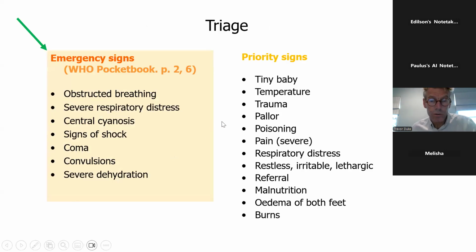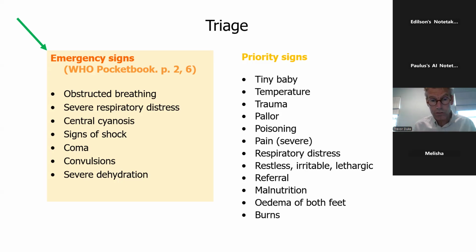Okay, these are all the emergency signs. I think they're well known to you now, those who've gone through the hospital care for children training: obstructed breathing, severe respiratory distress, central cyanosis, signs of shock, which are cold hands, poor volume pulses, fast and weak pulse, and slow capillary return.